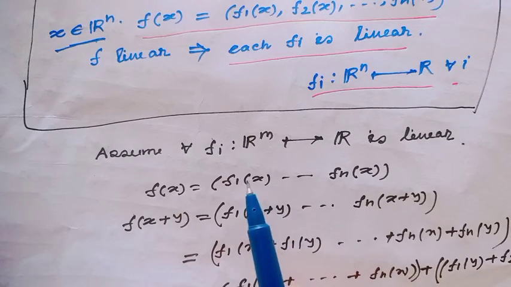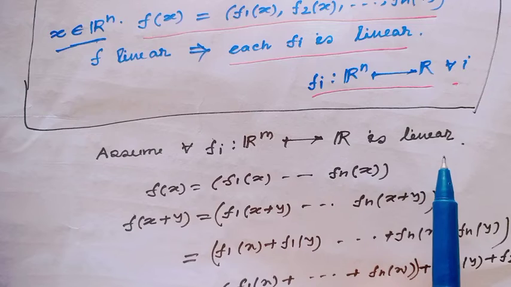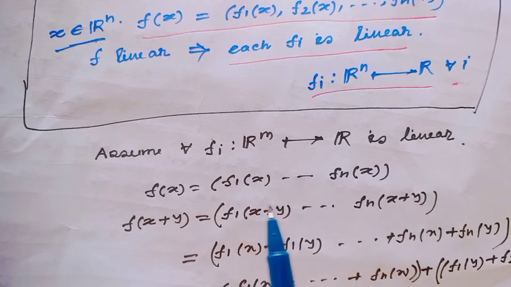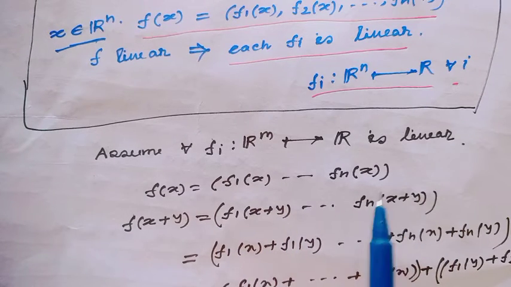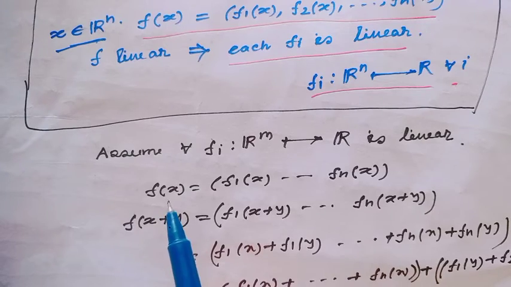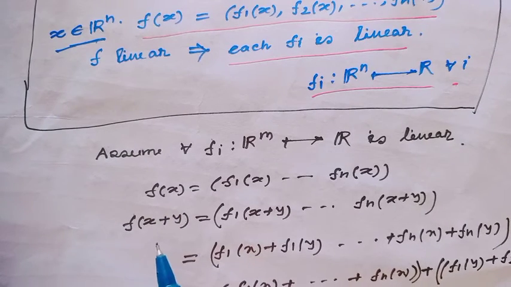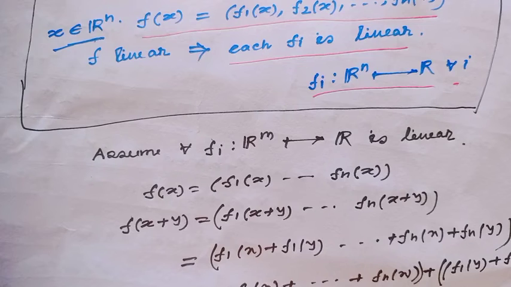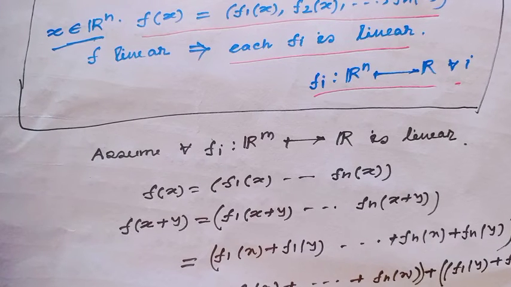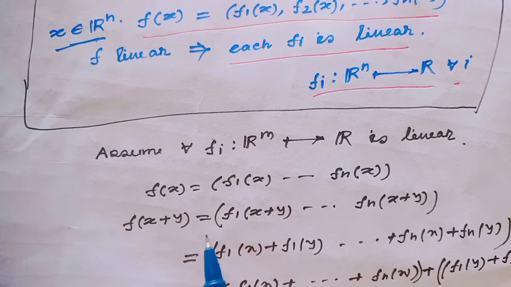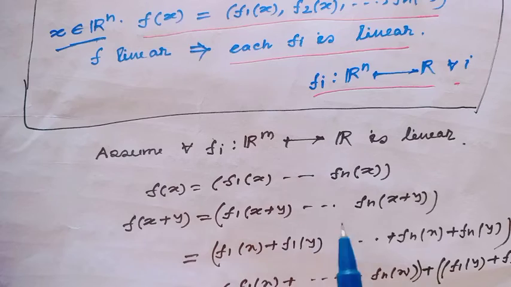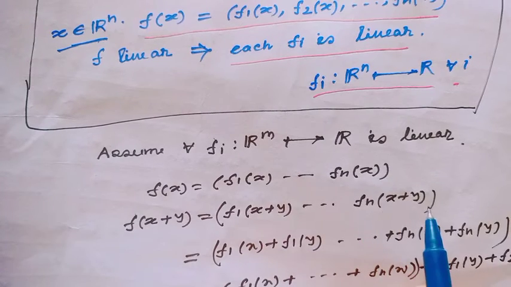Consider that for all i, each fi is linear. Then f(x) equals (f1(x), up to fn(x)). Then we have to prove f is linear. That means at first we have to prove f(x plus y) equals f(x) plus f(y). f(x plus y) means (f1(x plus y), up to fn(x plus y)).